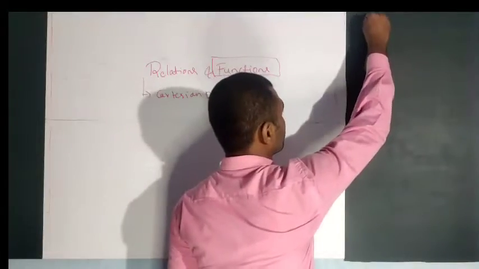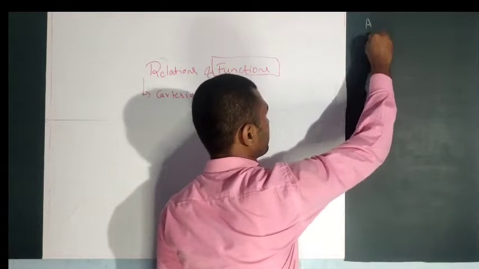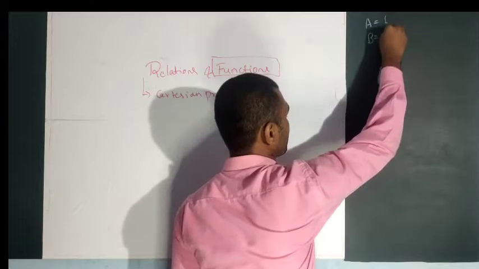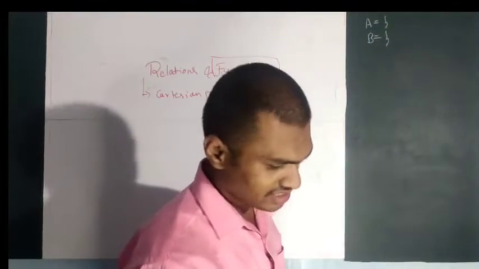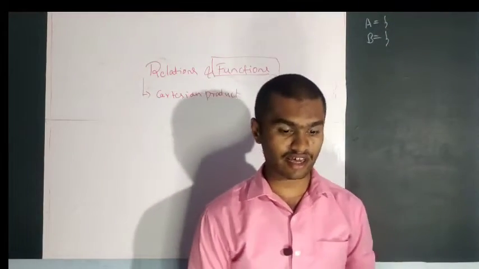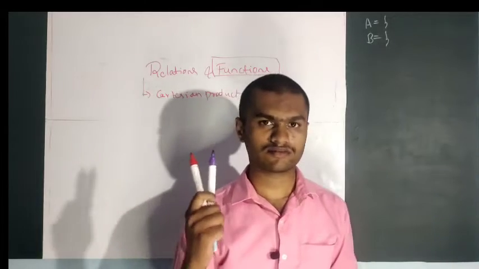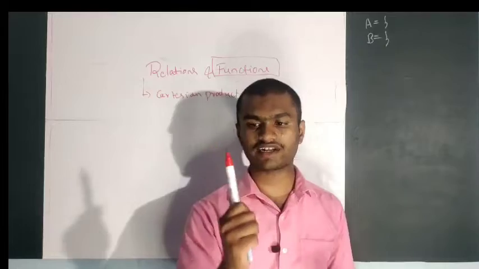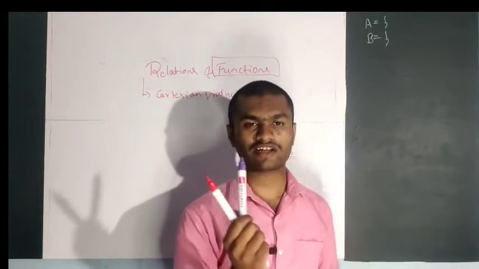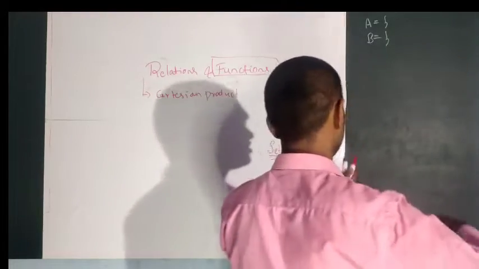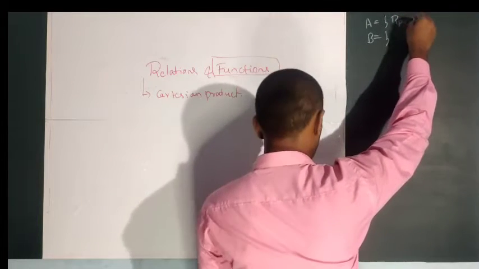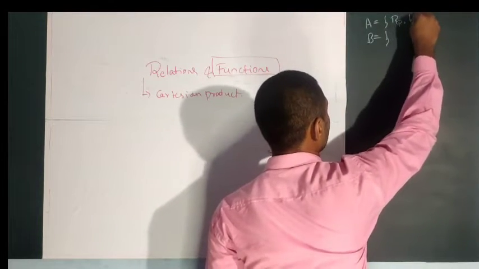Let us have two sets, set A and set B. In set A, I have two pens of two different colors: one is a red pen and another one is a violet pen.